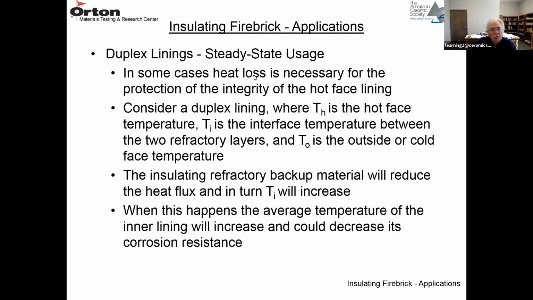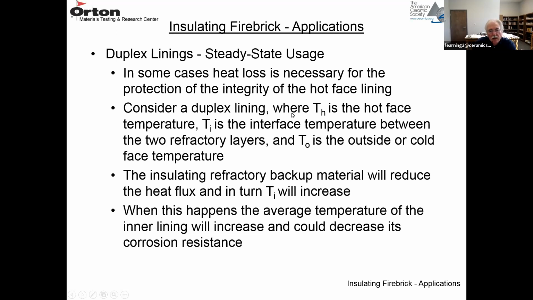You have to be careful when you put a backup lining, where you shift that freeze plane. You can shift it deeper into the material. So you change the thermal gradient in the working lining when you put a backup lining, and you can move that freeze plane into the working lining at a deeper distance and enhance the corrosion resistance.